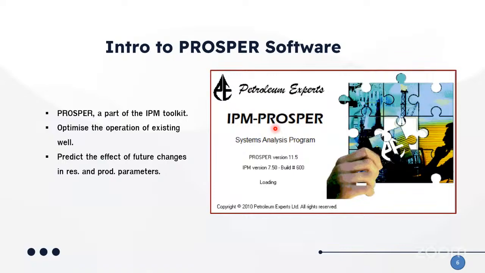There's IPM Resolver, IPM PVTP. So a lot of those applications do a lot of things. But now we're focusing on Prosper, and this Prosper optimizes the operation of the existing well, and also predicts the effects of future change in reservoir and production parameters.